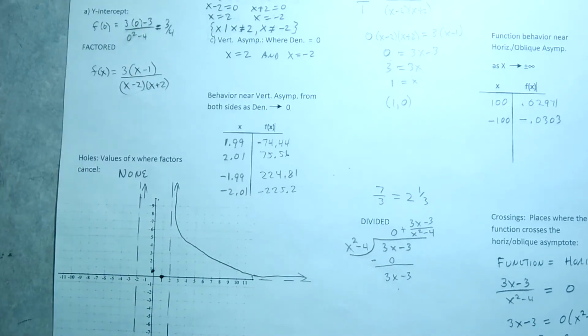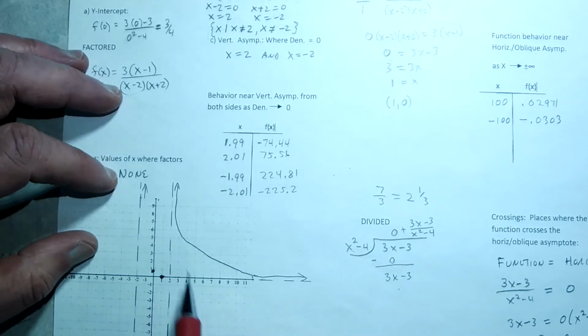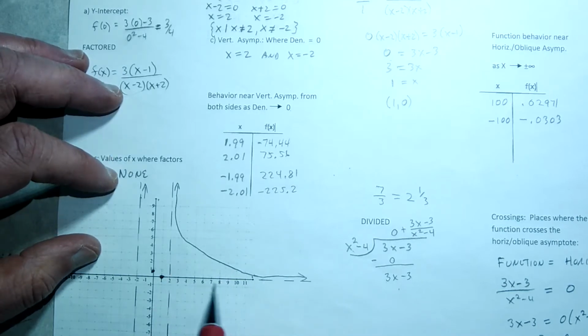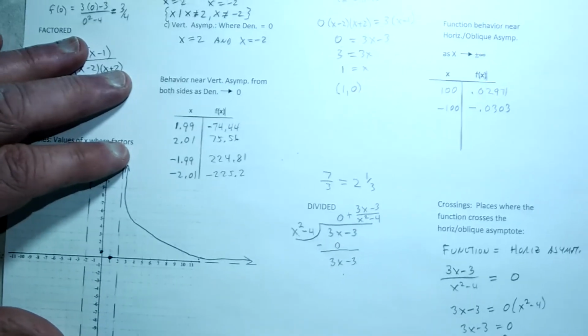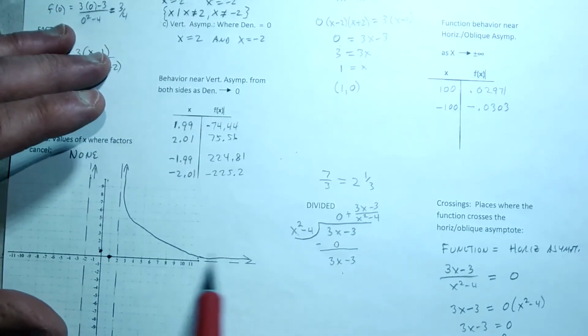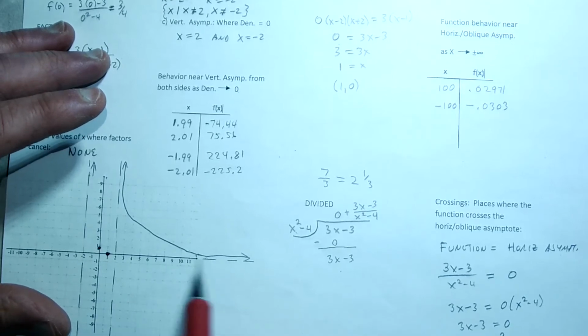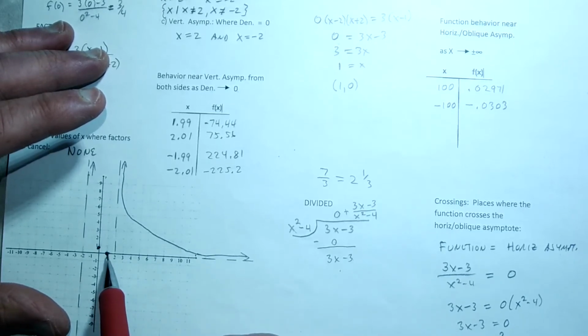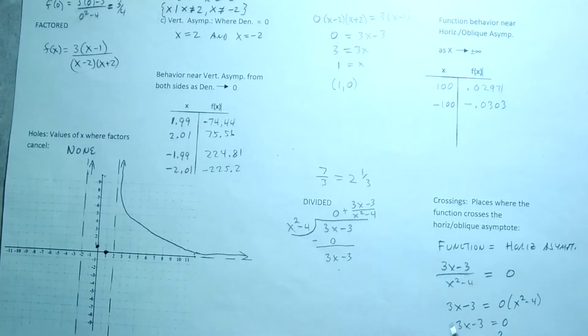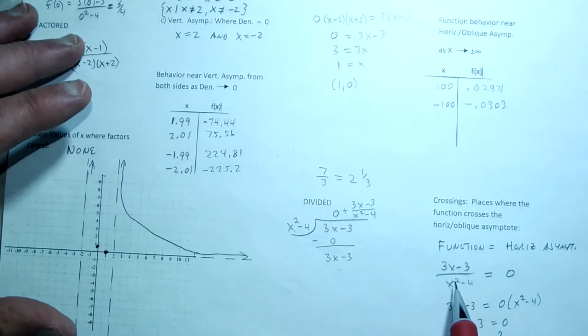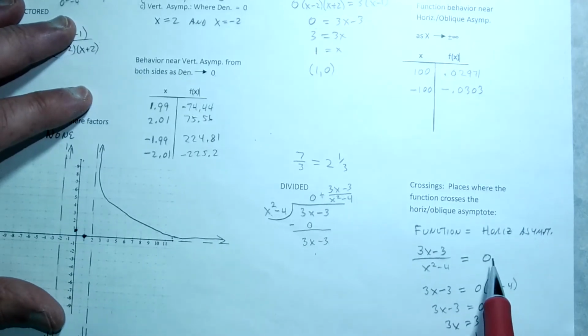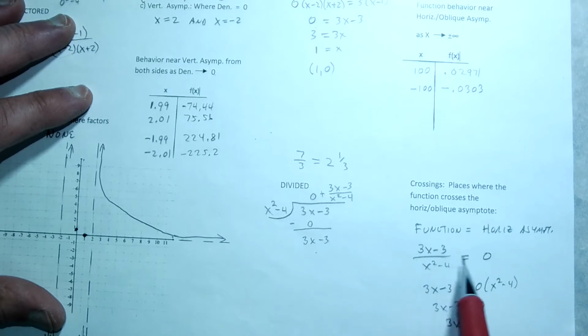Okay, now, did it ever cross somewhere? Well, we know it crossed there. But a proof of whether a horizontal asymptote gets crossed at any particular point other than that x-intercept is through setting the function equal to the horizontal asymptote and solving that equation.